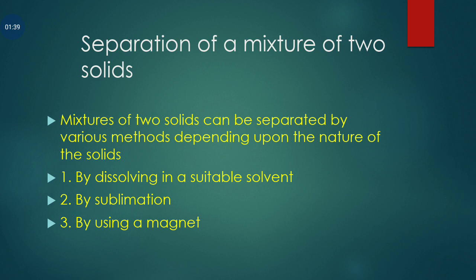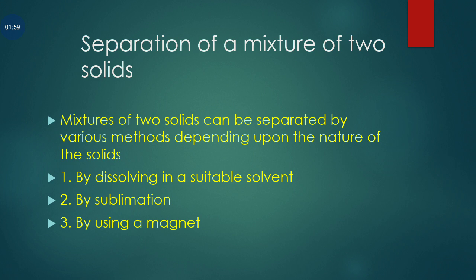First is by dissolving in a suitable solvent. Some solids are soluble in a suitable solvent, so with the help of that property we can separate them. Second, by sublimation. Sublimation is a process in which a solid directly changes into vapor.